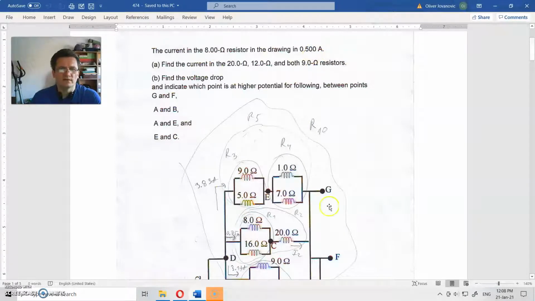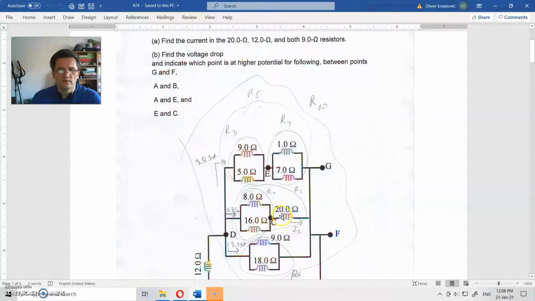Now we need to find current through here. 12 and 9 through here. Where is 12? We need to find all currents, and effectively we need to solve these circuits.